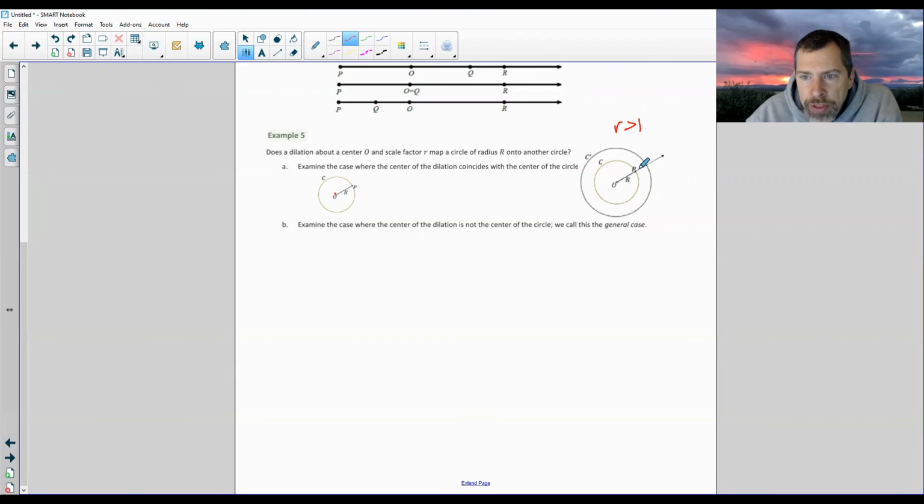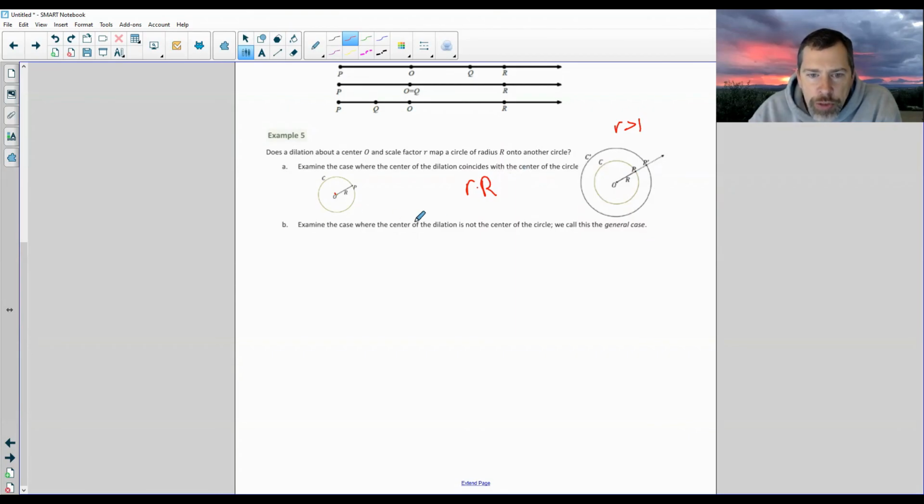So we went out a scale factor and moved P to P prime here, and therefore every single point on that circle should be the same distance out, because the radius would be r times R, lowercase r being our scale factor, capital R being our radius. So if we multiply the radius by the scale factor, our new radius would be the C prime circle.